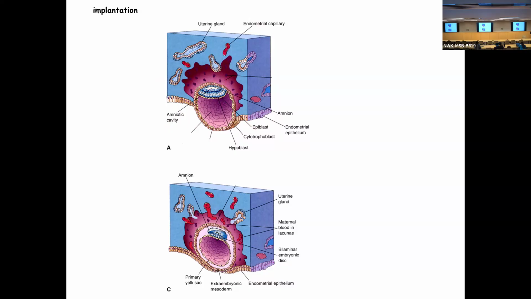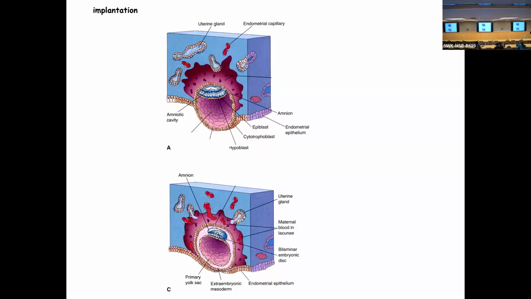then different layers, okay? So this process is being helped and organized by the trophectoderm. The trophectoderm gets here and starts the invasion of the blastocyst through the wall of the uterus, okay, the endometrium.